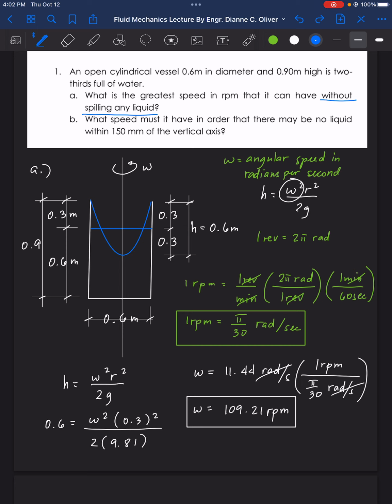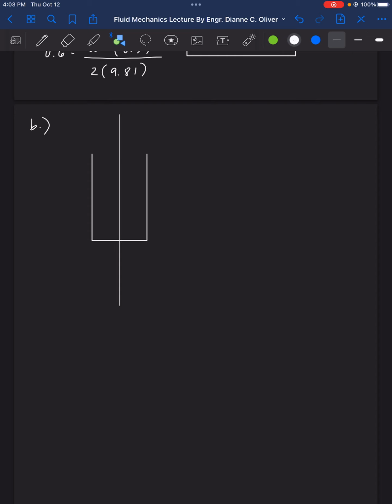Now for letter B, what speed must it have in order that there may be no liquid within 150 mm of the vertical axis? So we have a different condition for letter B. So for letter B, let's draw again the container. That is our container. And this is our rotational axis.